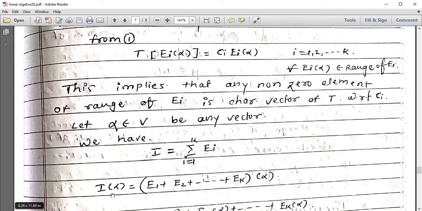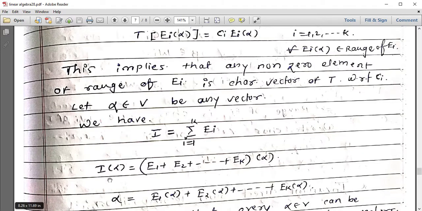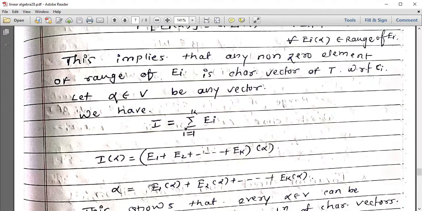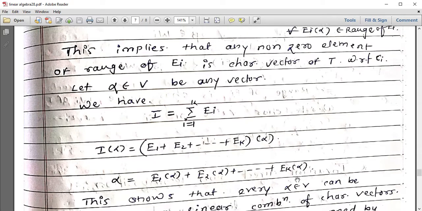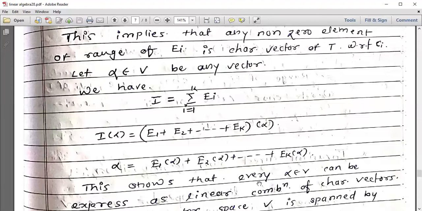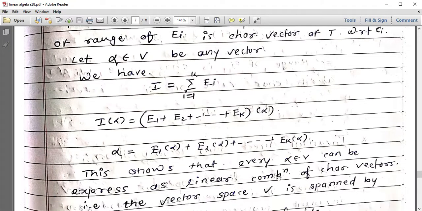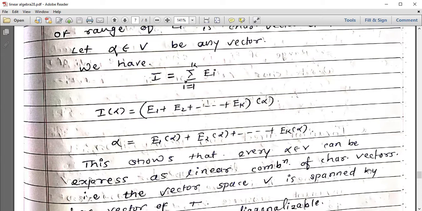So I of alpha is equal to E1 plus E2 up to Ek of alpha. Hence alpha, I of alpha, is equal to alpha and E1 of alpha plus E2 of alpha up to Ek of alpha. This shows that every alpha belongs to V can be expressed as a linear combination of characteristic vectors.